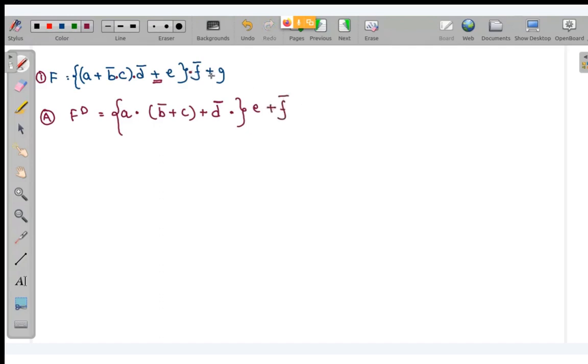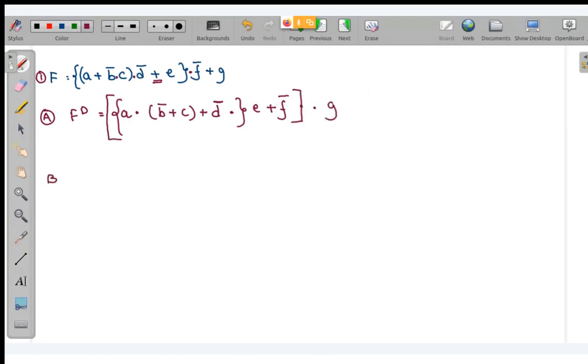And again there is plus, so I should write it like this, bracket, dot G. Okay, so I have the dual.